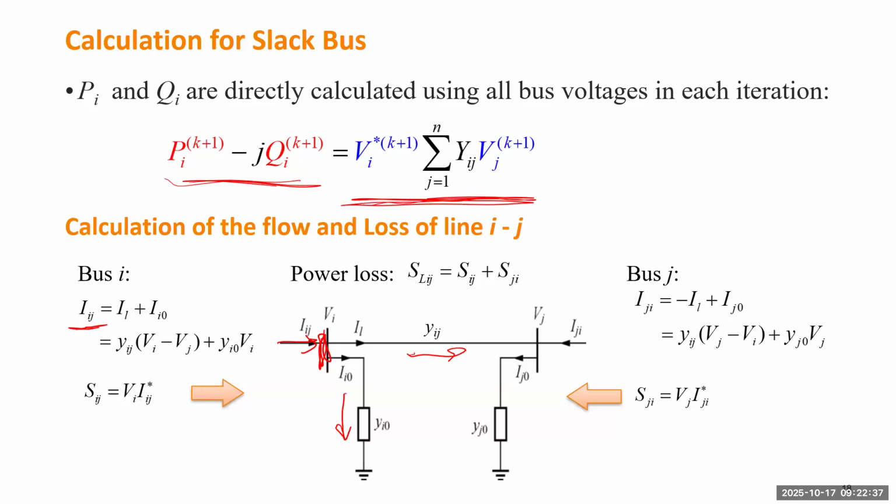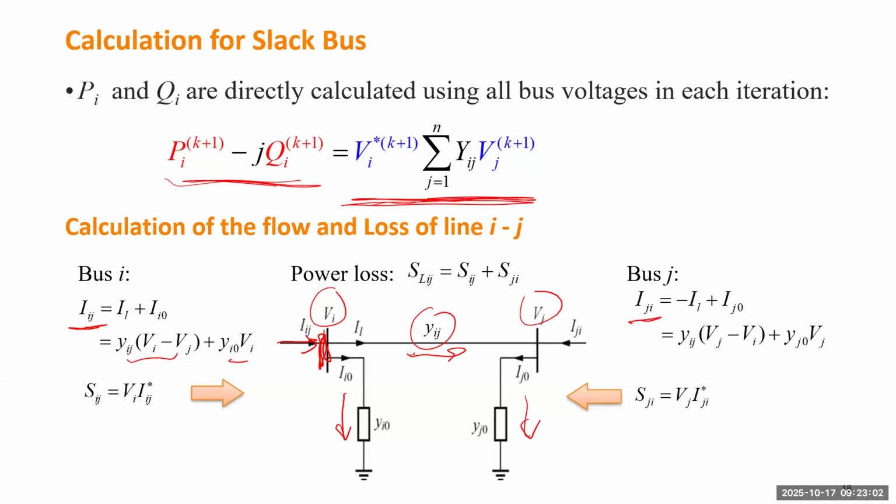Since you already know the admittance and the voltage phasor on both ends, we can calculate both currents. We need to calculate the current injection from each bus because even for the same transmission line, the current injection from the two terminals can be different, right? Because there's a component of the current going to the ground from each side.